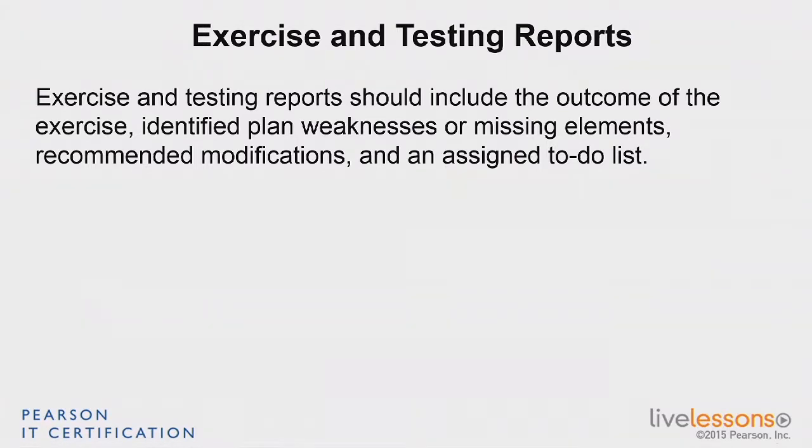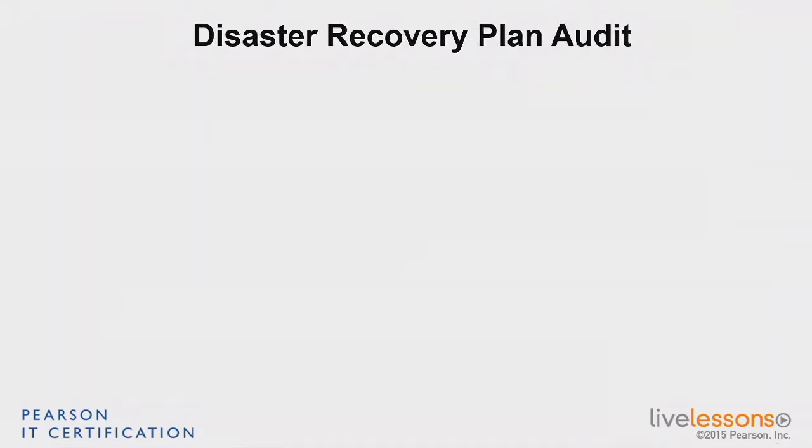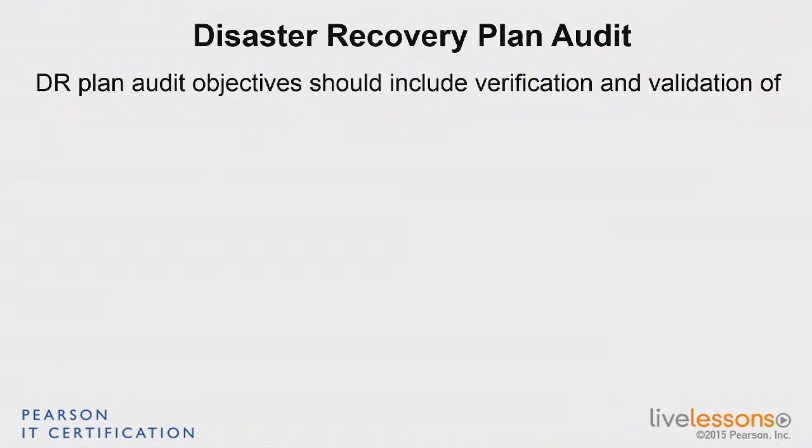Our exercise and testing reports should include the outcome of the exercise, any identified plan or procedure weaknesses or missing elements, recommended modifications, and an assigned to-do list. And we want to make sure that our disaster recovery plan really is accurate and complete, and that's where audit comes in.